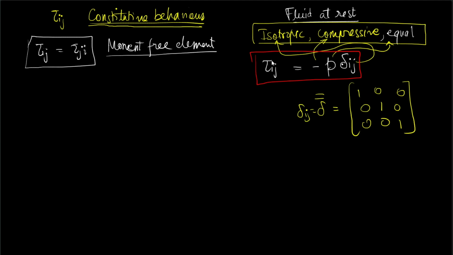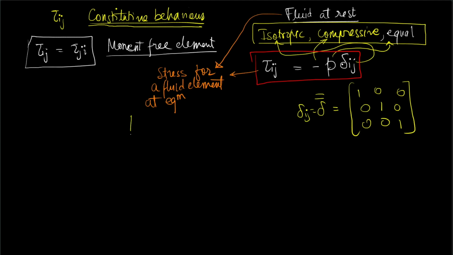So when tau ij is written as this, it means that we are writing down the stress for a fluid element in equilibrium. For something which is at rest, right? Which means that P is also equivalent to the thermodynamic pressure.